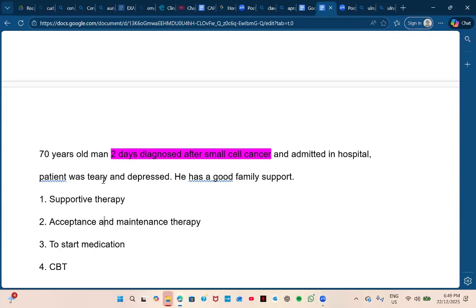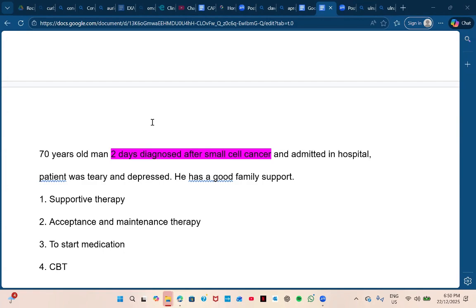Okay, so a 17-year-old man, two days after being diagnosed with small cell cancer, is admitted to hospital. The patient is teary and depressed. He has good family support. Then what should we do: supportive therapy, acceptance and maintenance therapy, start medication, or CBT? What do you think, doctors? The same answer or not?